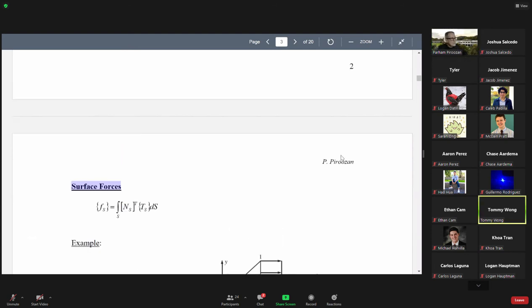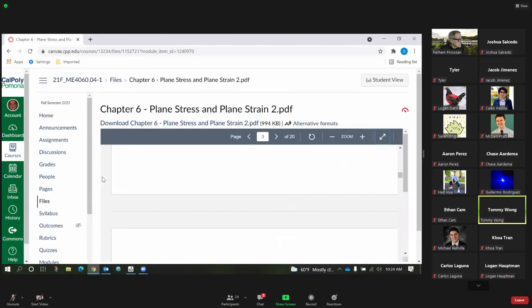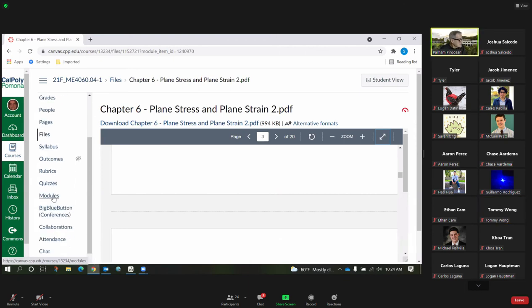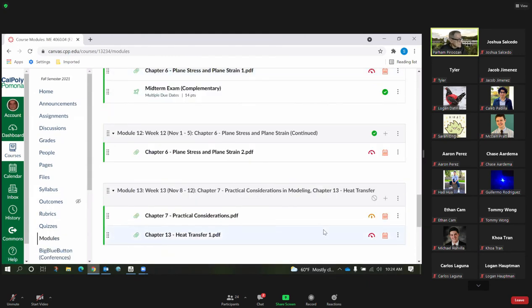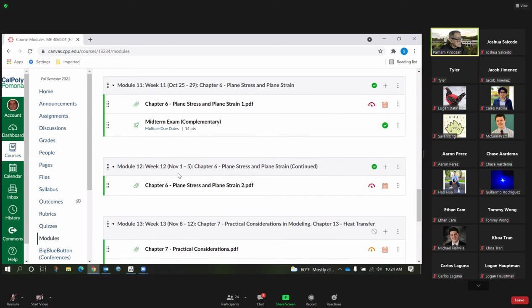Is the file available? It says it's locked. It is available. It's possible. Just go back and come back again. So it is available. You can find it in the files section. Oh, it just shows up as not been unlocked. Let me check. Modules. This is what you see on the screen, what I show you.